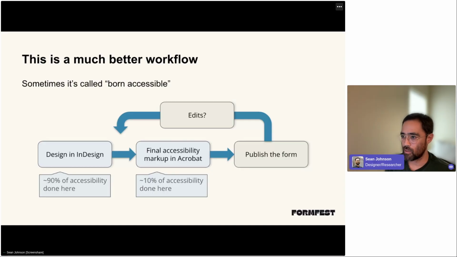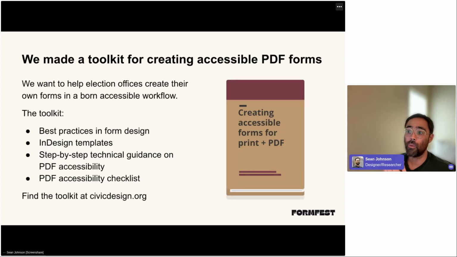So we've been working on this type of workflow a lot, and we want to make this accessible to elections offices. So we've been working on a toolkit. The toolkit basically helps elections offices use a Born Accessible workflow, and the toolkit includes high-level guidance on form design, things like information design and information hierarchy, 2 InDesign templates, step-by-step technical guidance on how to do PDF accessibility, and an accessibility checklist.